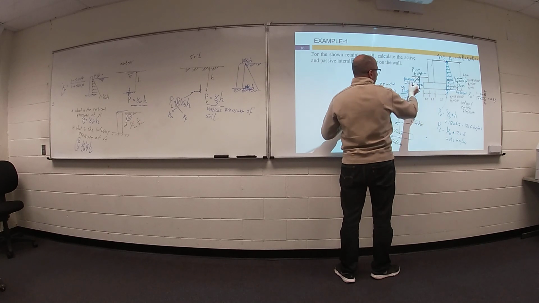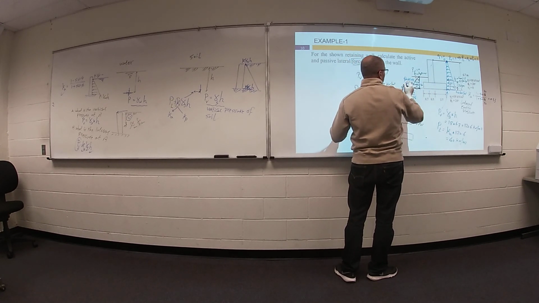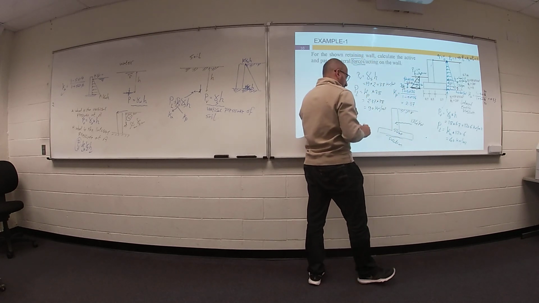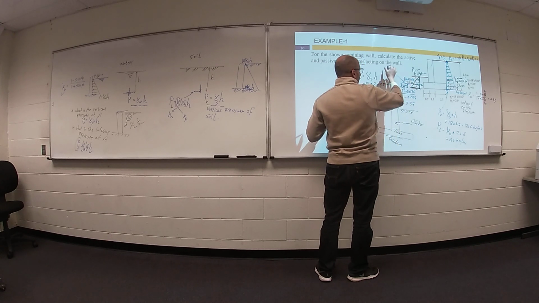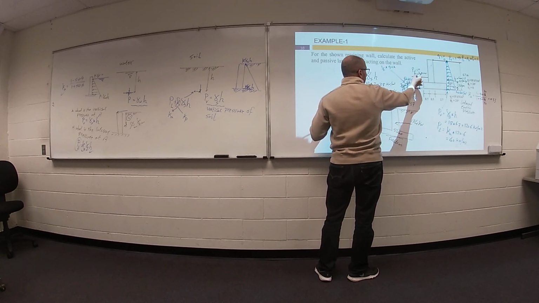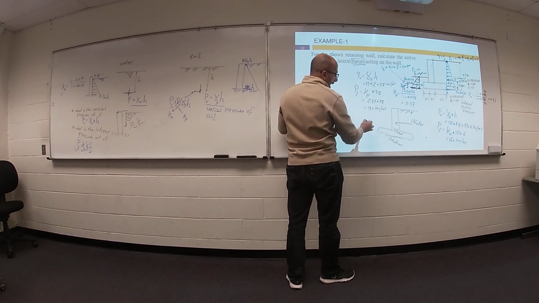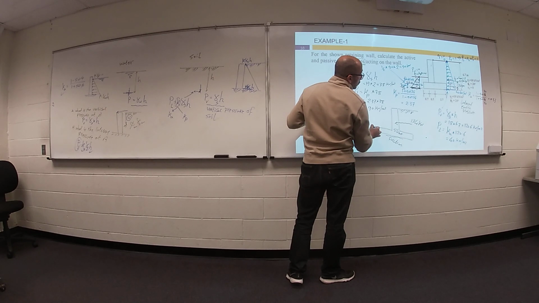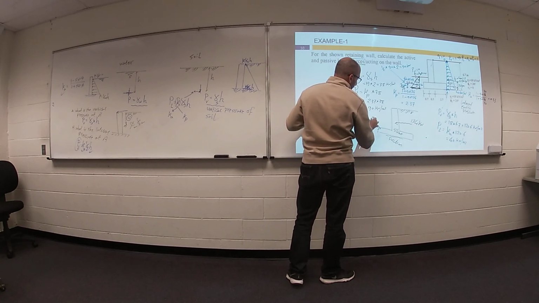Yes. Your force will be at 1/3 of the total height, so 2 divided by 3 meter. What is the value? 1/2 times 90 times 2 meter equals 90 kilonewton. So we have here something like this, 90 kilonewton.